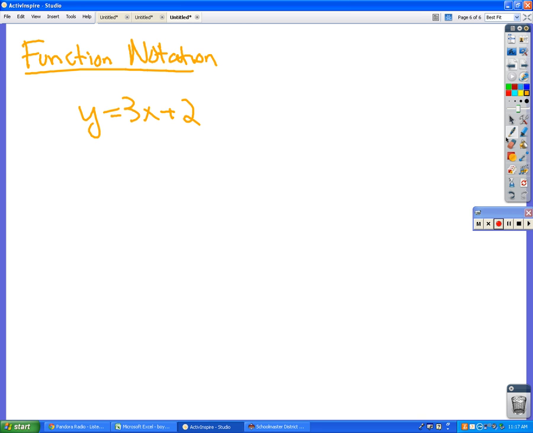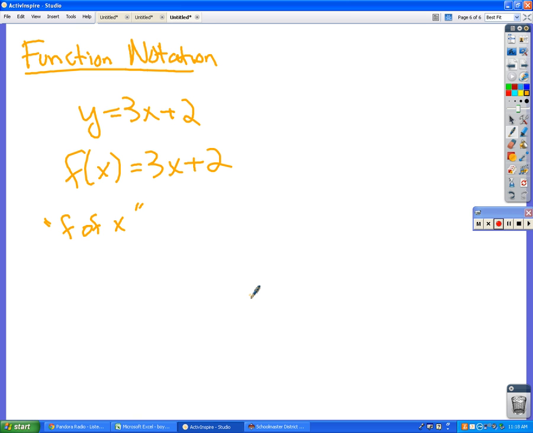Function notation looks like this. f of x equals 3x plus 2. f of x is the same thing as y. The only reason they change it is because it makes evaluating functions easier to write.